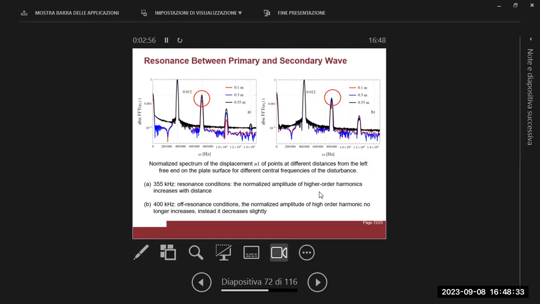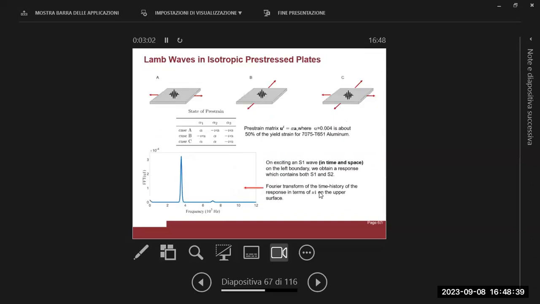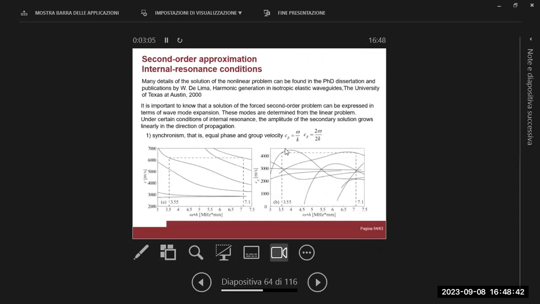In particular, here we have tested some conditions that are called internal resonances, which are described in this slide. Because you see that these couples of waves, we have a couple of dispersion curves where motion can be sustained by the structure at exactly the multiple of the frequency.